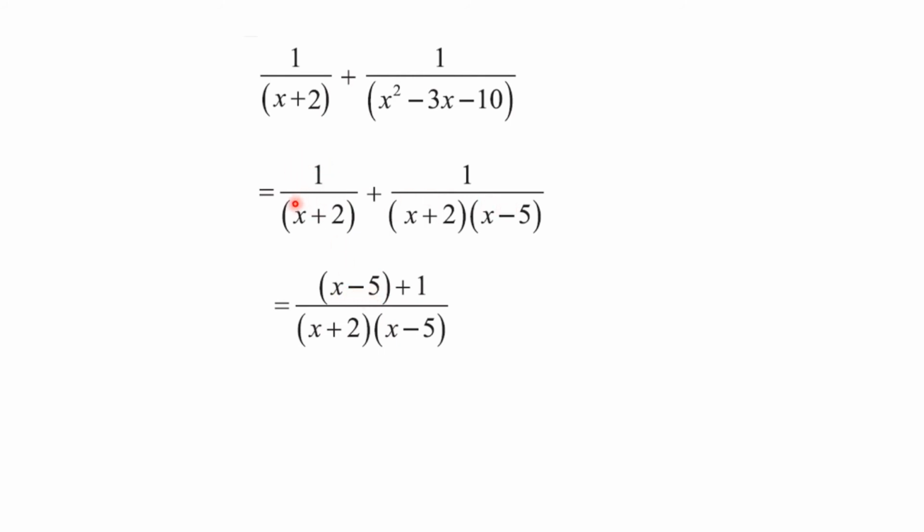Look at this, I have only x plus 2, so that's why I multiply this by x minus 5. For the other one, I don't want to multiply this denominator because x plus 2 is there, x minus 5 is there, so I just keep it itself. Then the final answer is x minus 4 over x plus 2 into x minus 5.